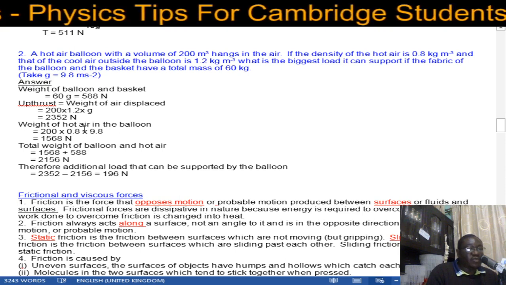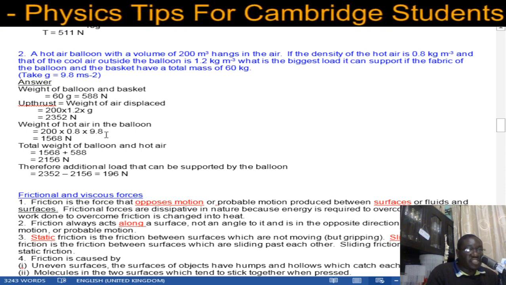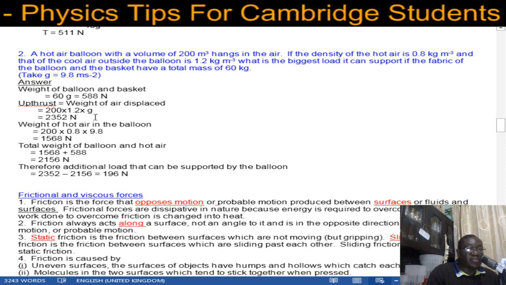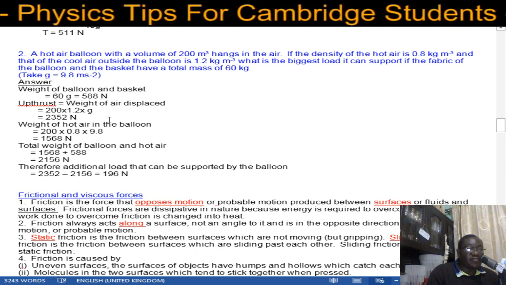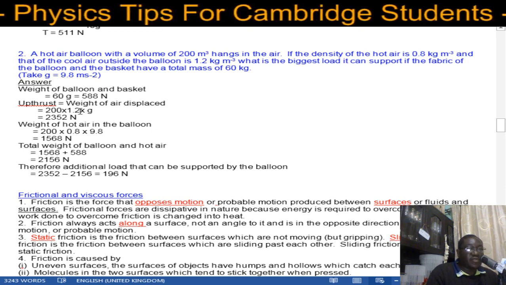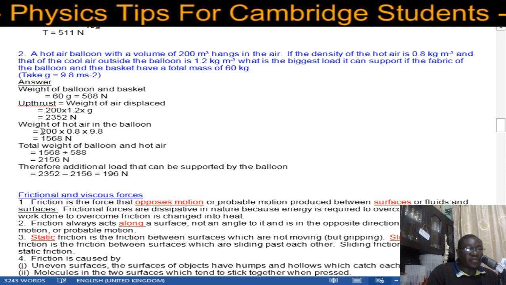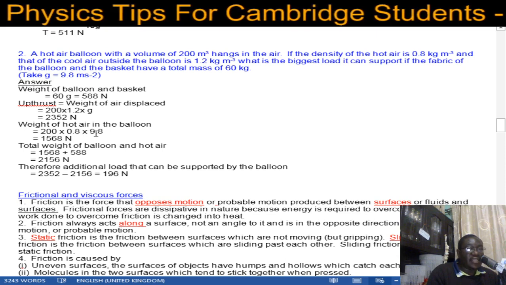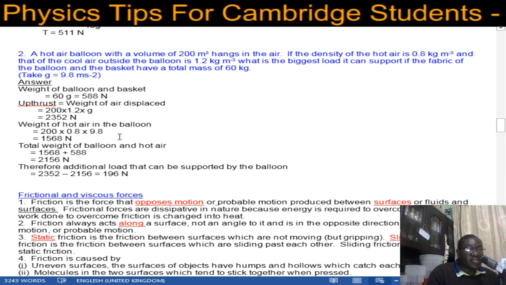And then the weight of the hot air in the balloon is equal to rho Vg again, which is 200 cubic meters, because we assume that the hot air occupies that volume. So it's 200 times 0.8, the density of the hot air, and then times 9.8, giving you 1,568 newtons.